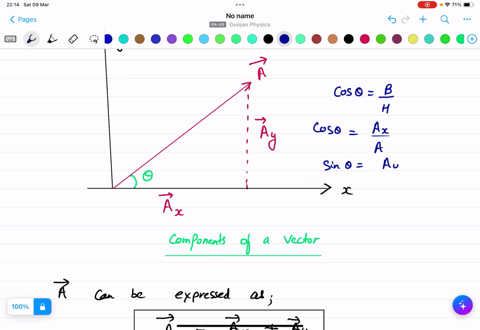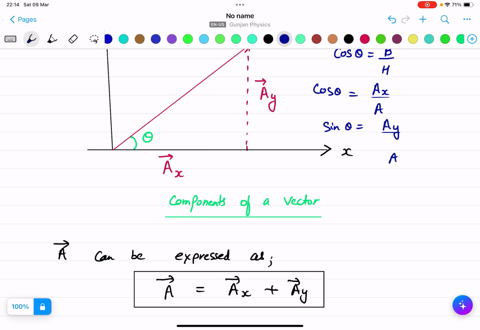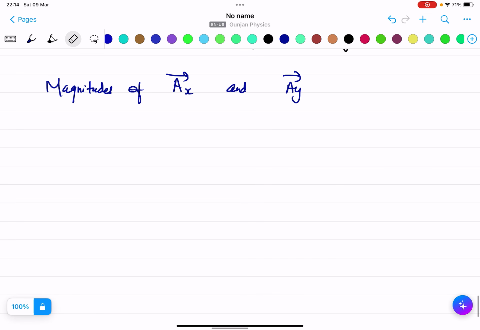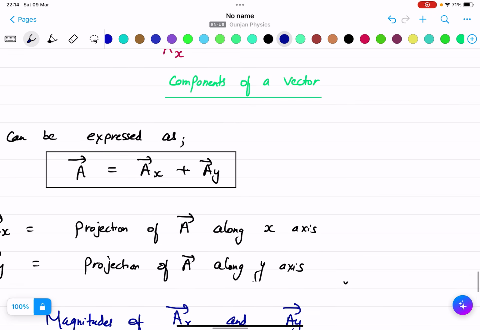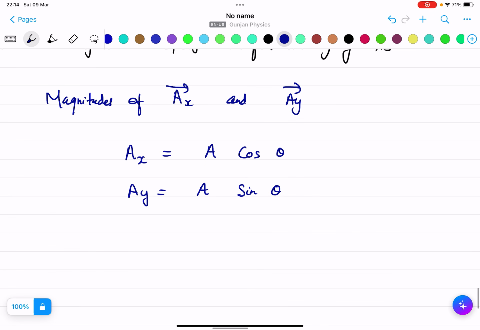So what is my perpendicular? AY, and hypotenuse is equal to A. So from these equations, can I write AX equals to A cos theta and AY equals to A sin theta? Let us check. Yes, AX equals A cos theta and AY equals A sin theta.